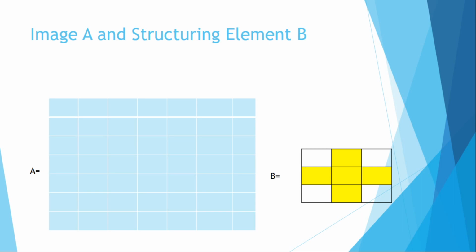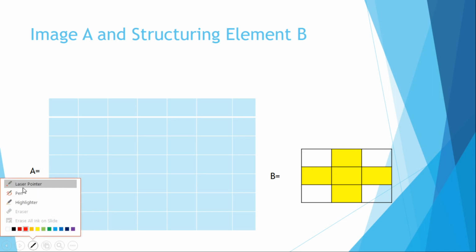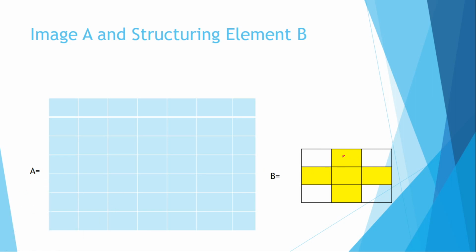When it comes to the structuring element, we have fully filled cells and non-filled cells also. Fully filled cells indicate the value 1, and non-filled cells indicate zeros. This value is 1 and these values are 0. And in the image, the total image values are 1 in this case.